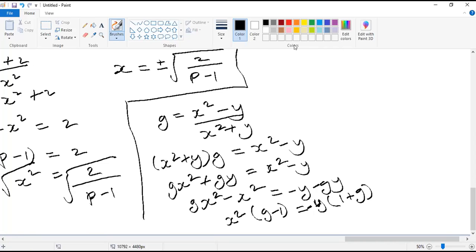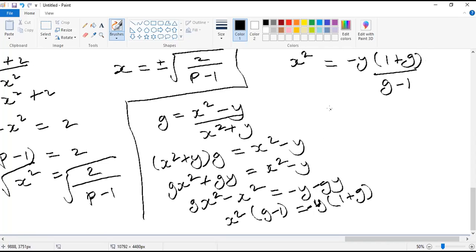Then I carry this up top. So this is x squared equals y times 1 plus g over g minus 1. And of course, they can multiply the numerator and the denominator by minus 1.